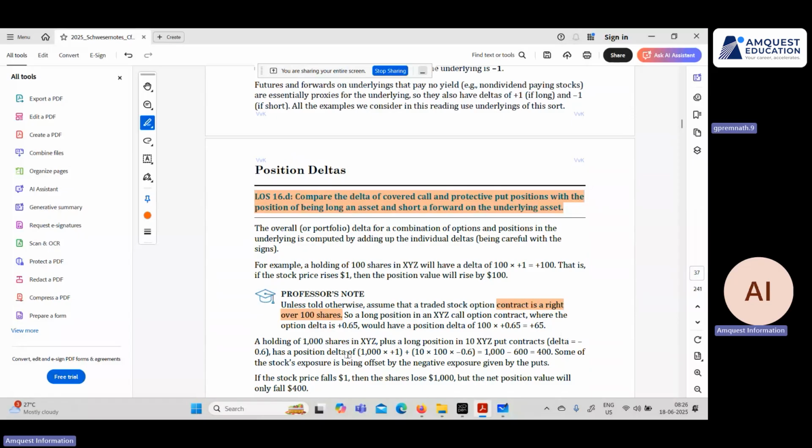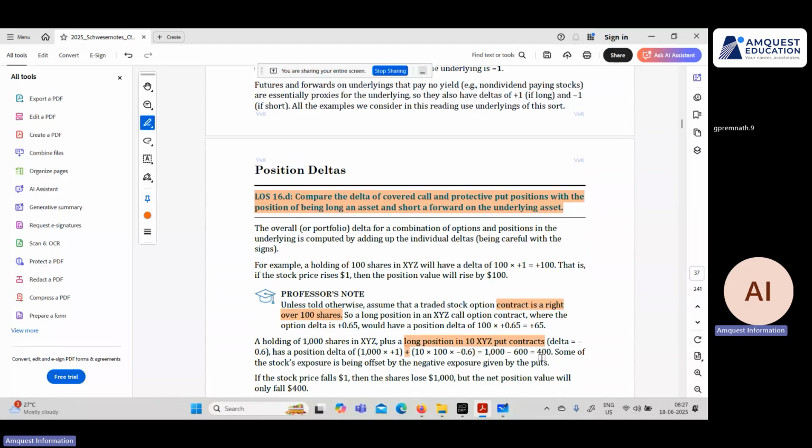When it comes to 1,000 shares, you have 1,000 into 1, which is long. You are buying put contracts, with a delta of -0.6, and you are long, so you're adding. Again, 10 into 100 because it's over 100 shares, multiplied by the delta.